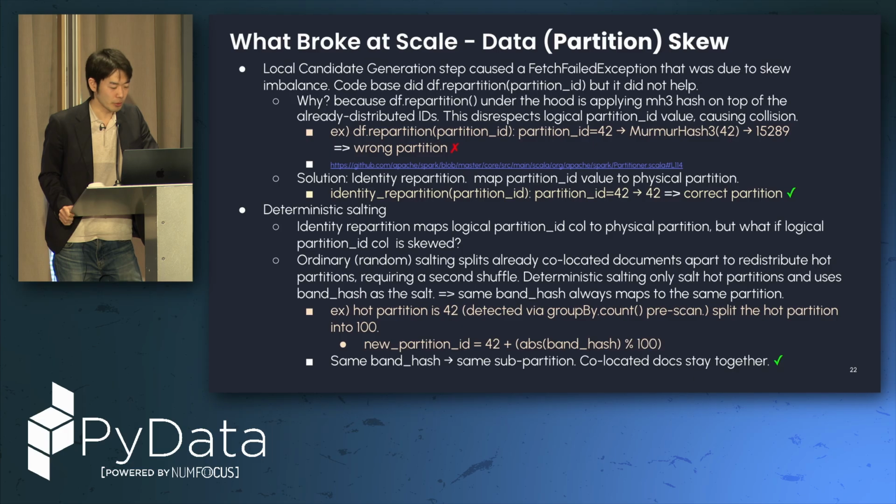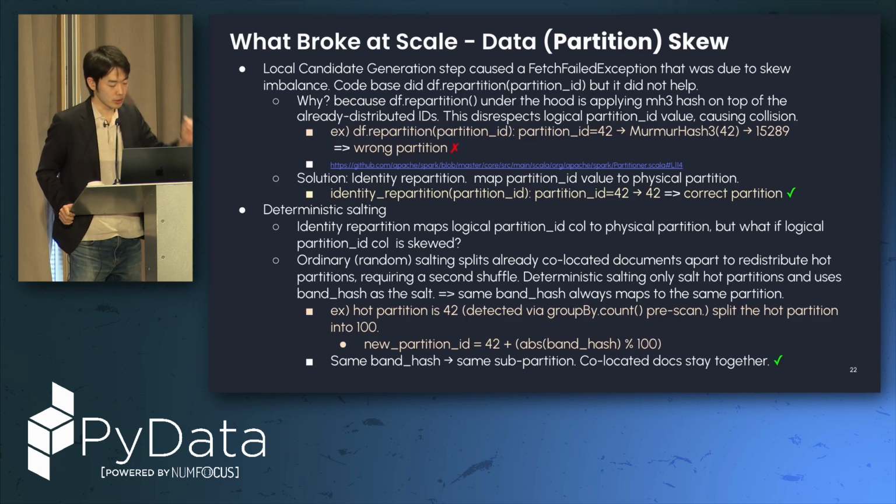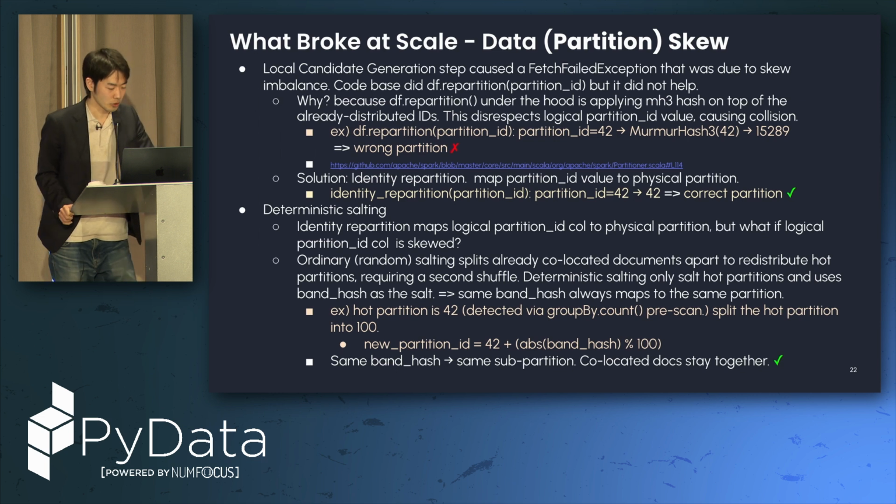So it's running MH3 on top of MH3 hashing. For example, if the partition ID column is 42, df.repartition will apply MH3 of 42, that's gonna return a value which is not 42. This is the wrong partition, and it's causing the hash collision.